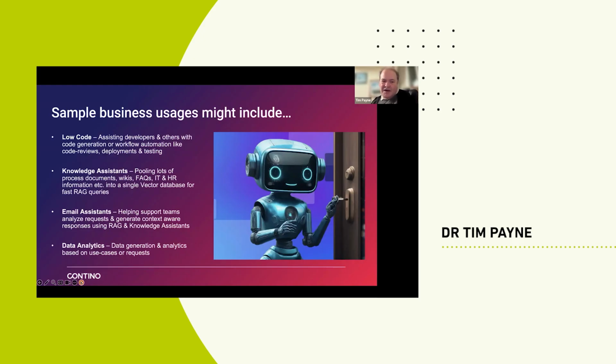Another use case that I've seen quite a lot, especially with one of the customers I was working with a couple of months ago, is generating knowledge assistants. Knowledge assistants are where you take lots of data. So you may take lots of company process data, process documents, HR documents, wikis, IT tickets, HR templates, maybe information about how the HR processes work in your organization, and you set them up as data stores.